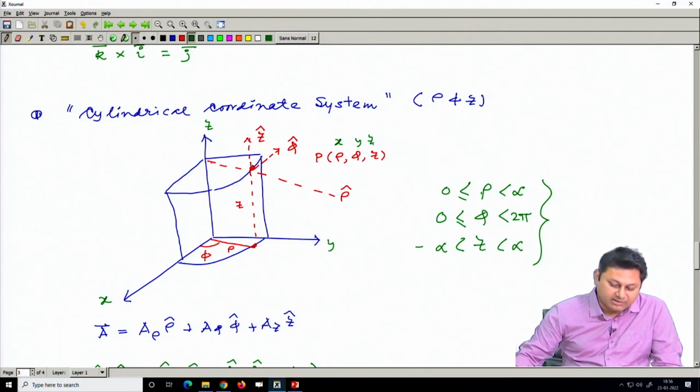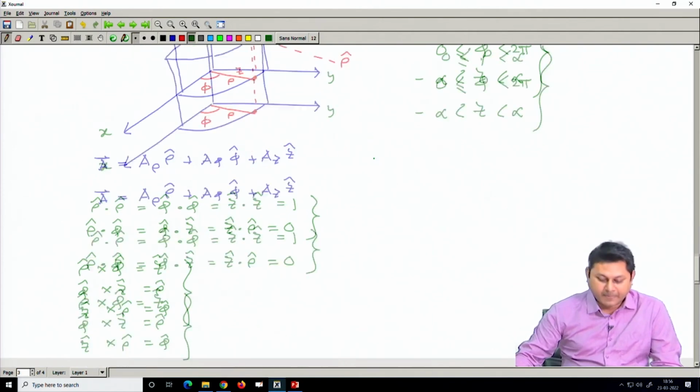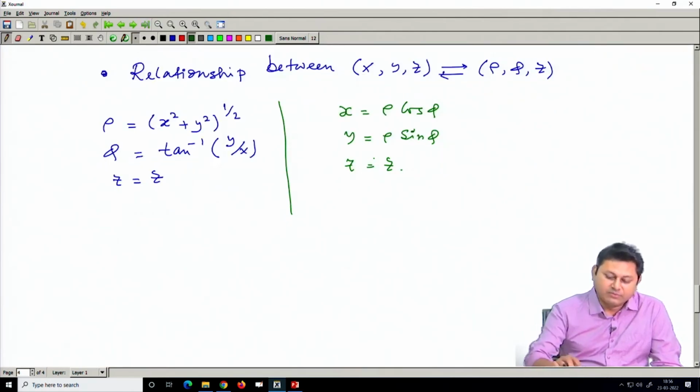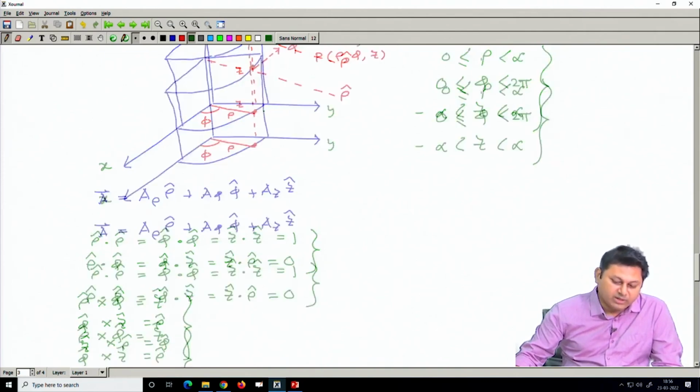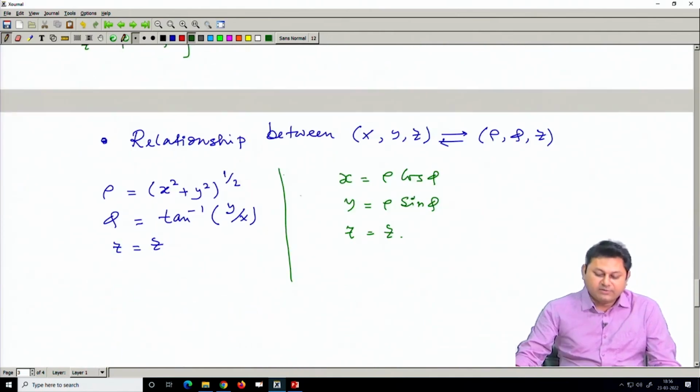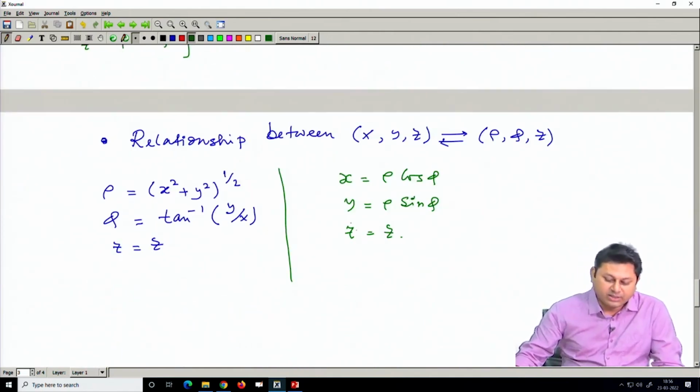If x, y, z is given, you can calculate rho phi z, and these are the relationships they follow. If you know rho, then you will find the value of x and the value of y. Rho cos phi gives you the x value, rho sin phi gives you the y value, and z is z. So, very trivial relationships, and from that you can also find the value of rho phi z if x, y, z is given.